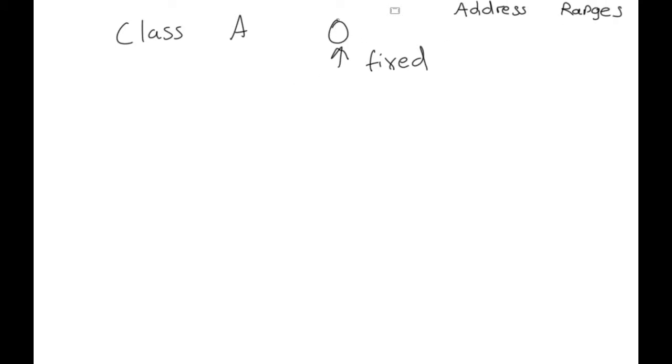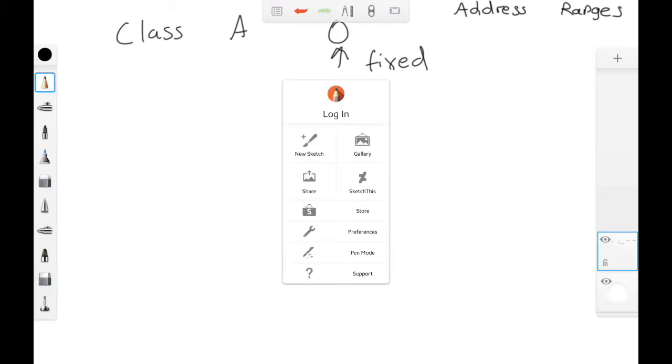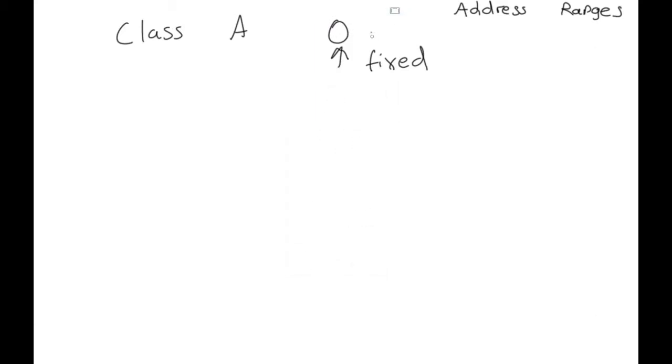And if that 0 can't be changed, and I know for Class A I have 8 bits of an address for network, that means that I could have another bit here, another here, 1, 2, 3, 4. Because that was 8/24. I have 16 for Class B, and then I have 8 for Class C.